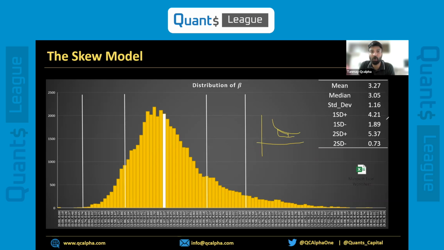The model says the median is 3.05. If I see something in the range between probably 4 or 5.37, it is coming over here. If the slope is steeper, the steeper slope is costlier and it is going to go down. So the slope is going to go back. When I know that, I can create a short skew trade.